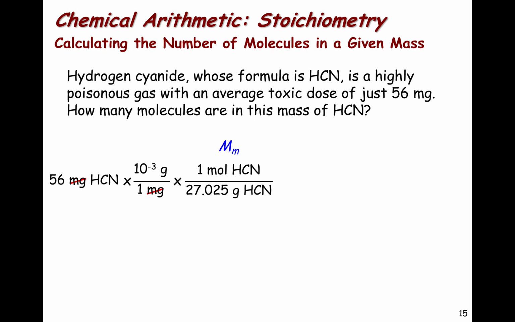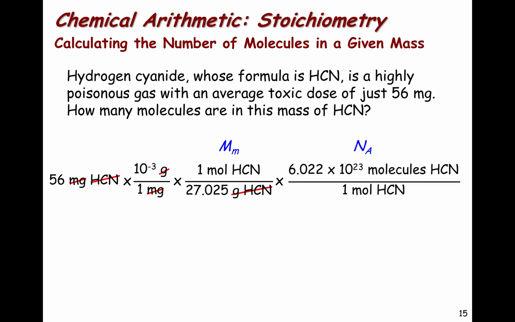The next step will be to convert from grams to moles using the molar mass. The molar mass is again calculated by summing together the atomic masses of hydrogen, carbon, and nitrogen. Cancel the units. Then finally we need the conversion factor from moles to molecules. This is Avogadro's number.